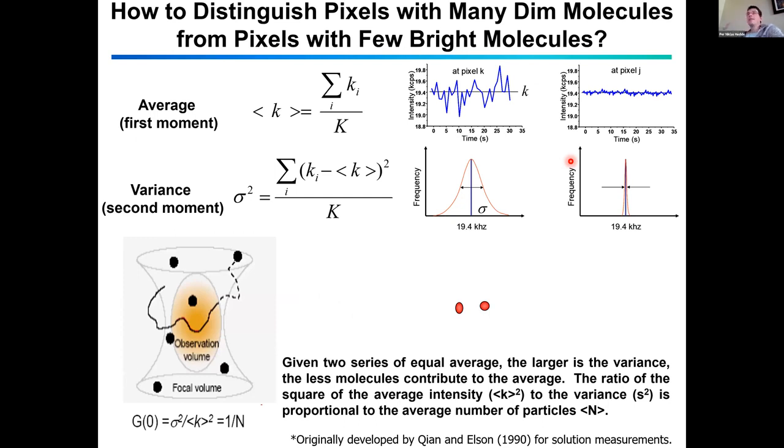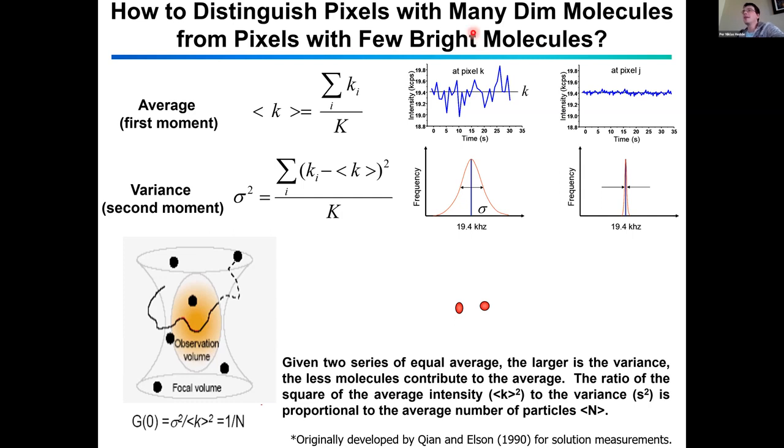So how does this method work? The question is, how do we distinguish many dim molecules from few bright molecules, which in the end could give you the same average signal? This scenario is illustrated in the top row.